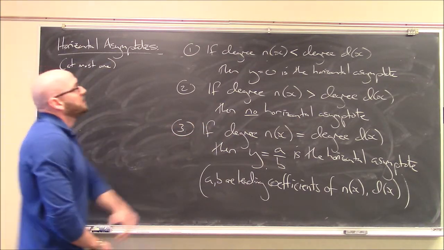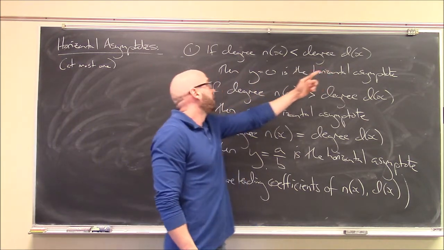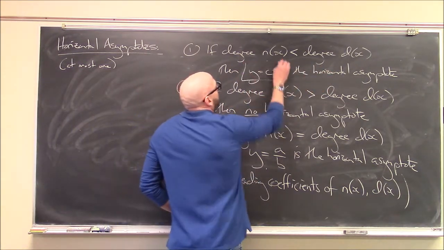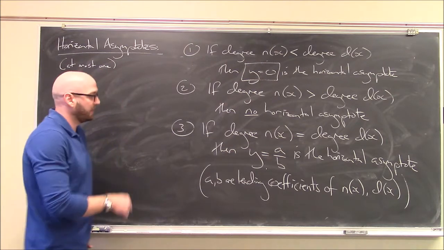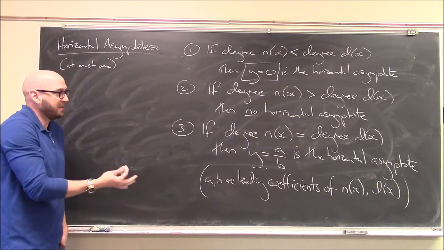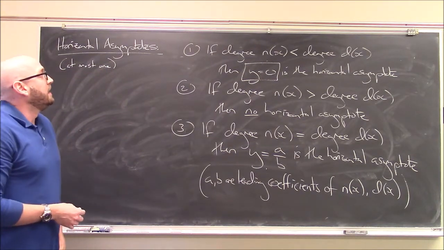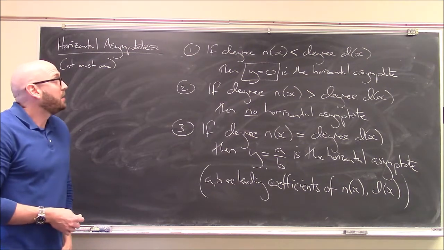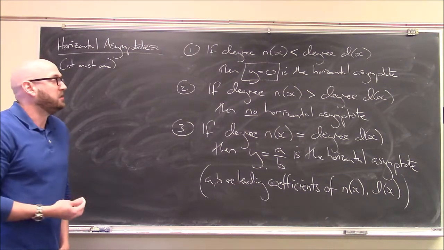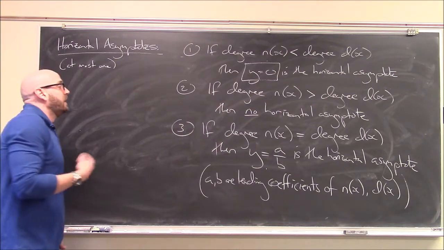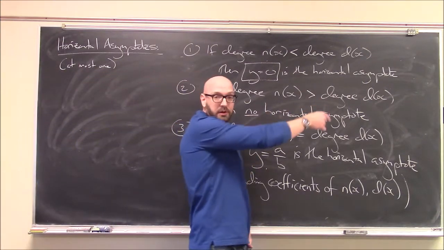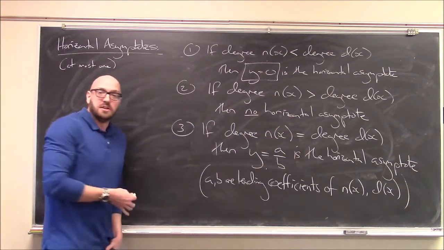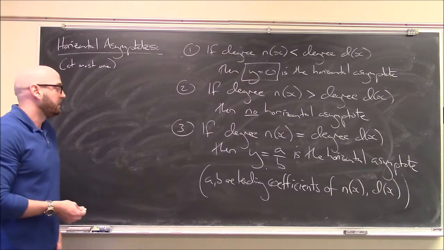So if the degree of the numerator is less than the degree of the denominator, then you always have y equals 0. Remember, this is a horizontal line, y equals 0, it's the x-axis. If the degree of the numerator is less than the degree of the denominator, then y equals 0, the x-axis is your horizontal asymptote. Meanwhile, if the degree of the numerator is larger than the degree of the denominator, then your rational function doesn't have a horizontal asymptote.